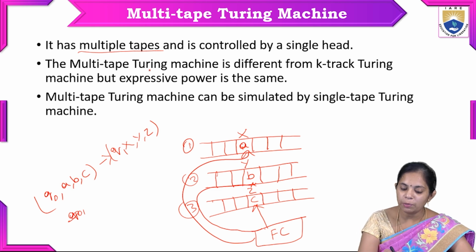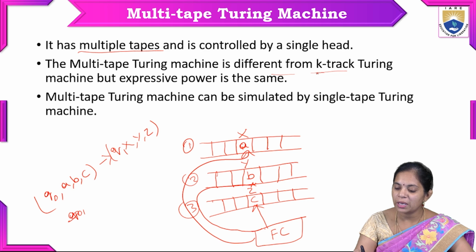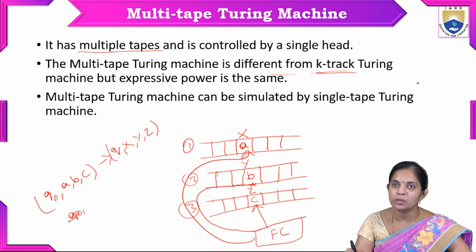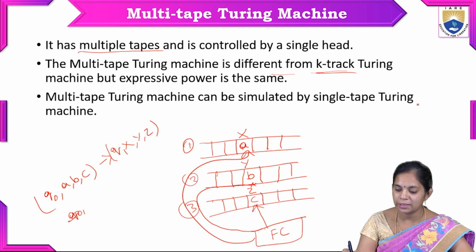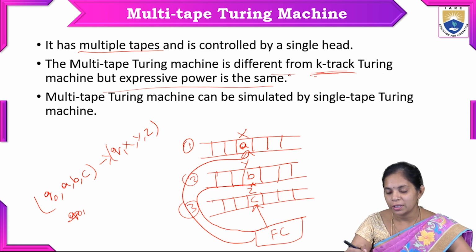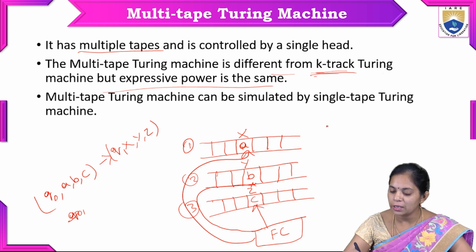The multiple tape Turing machine is different from the K-track Turing machine, which is nothing but the multi-track Turing machine. We will discuss it later. The expressive power is the same, but both are different. Here we take multiple tapes, while multi-track is different.